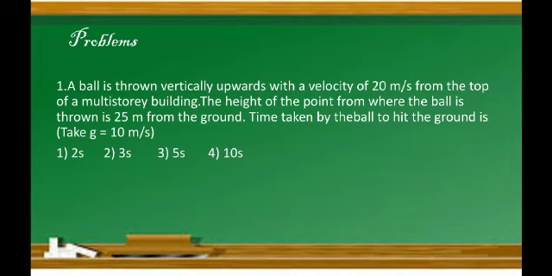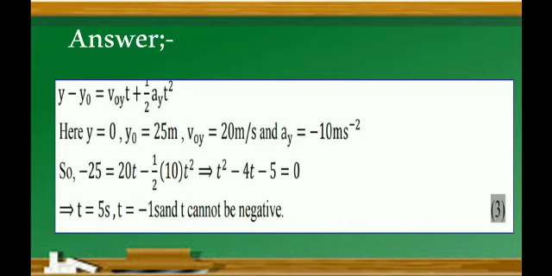Then solution part. We should use the equation y minus y naught is equal to v naught into t plus half a y into t square.